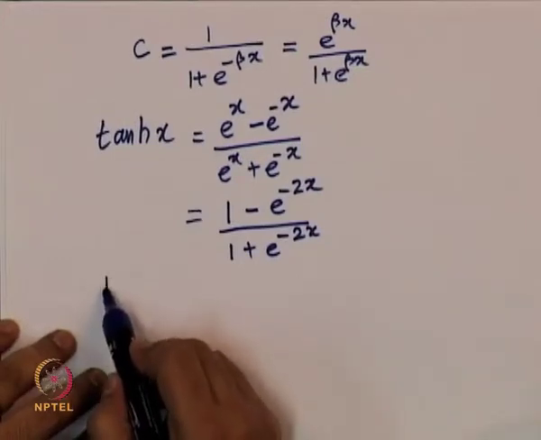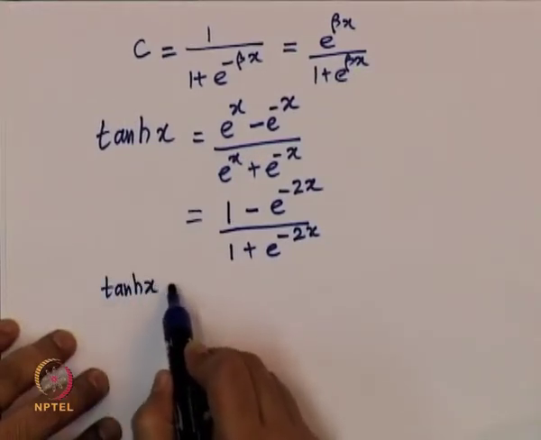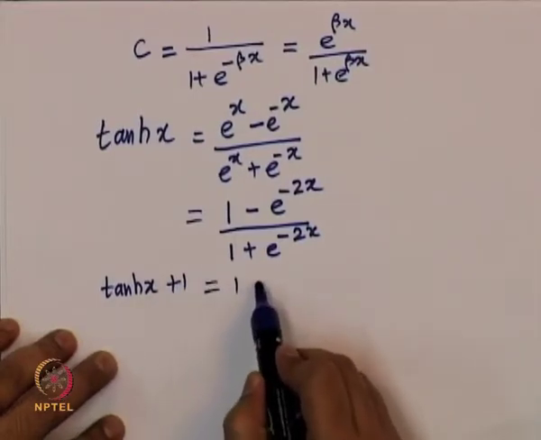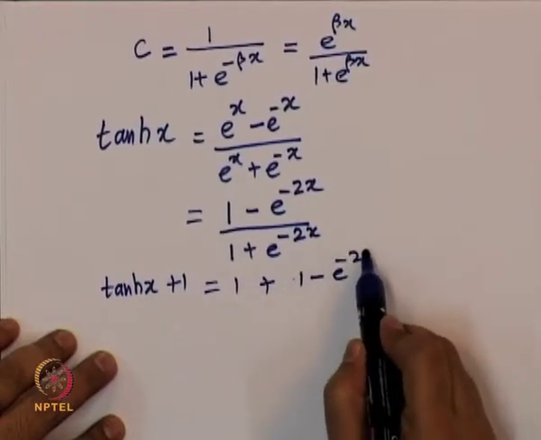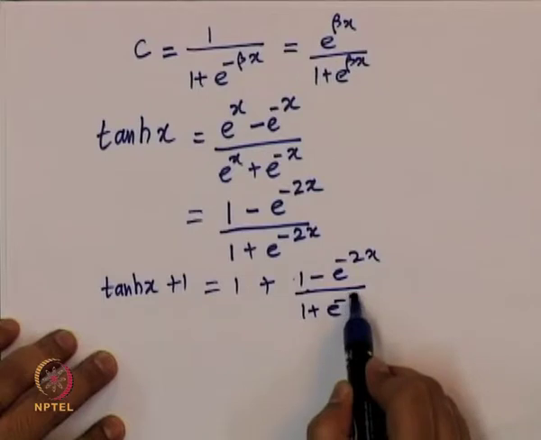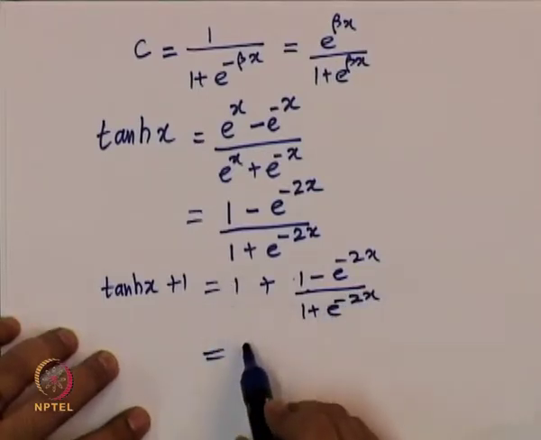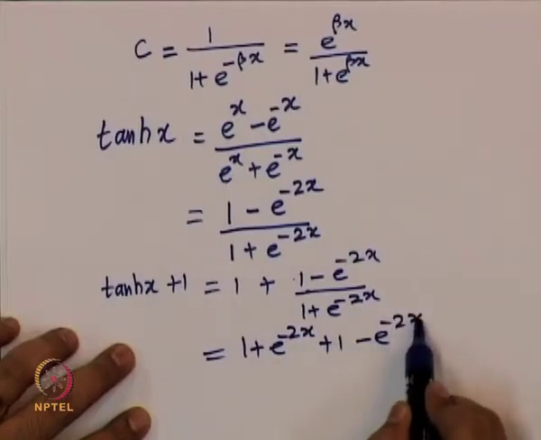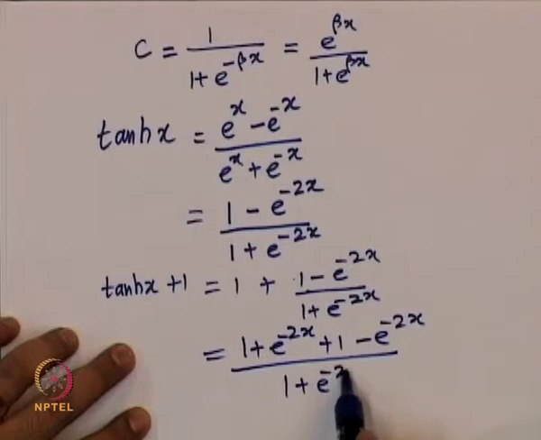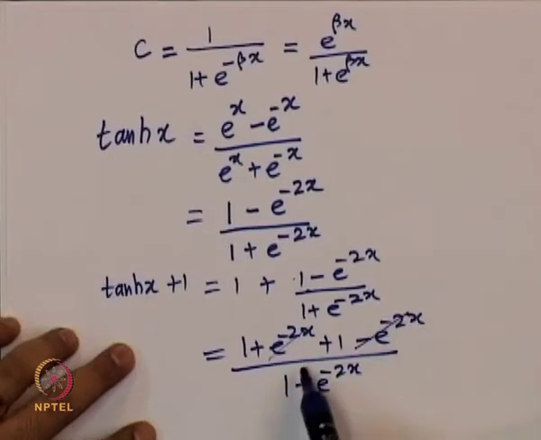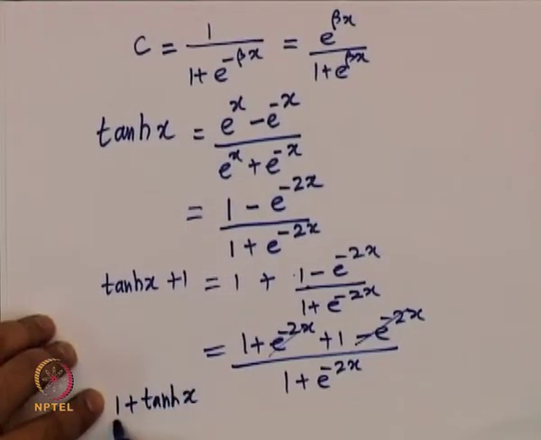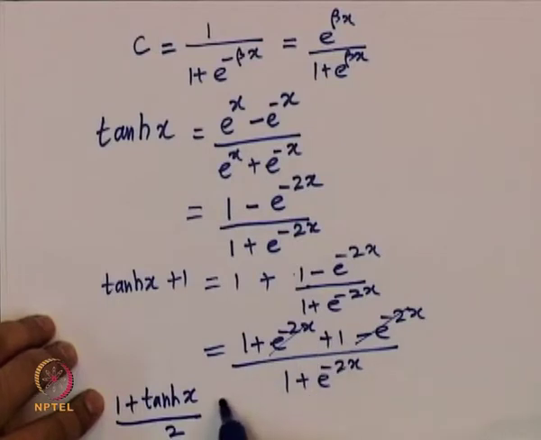Now, let us take tan hyperbolic x plus 1, which is equal to 1 plus 1 minus e power minus 2 x by 1 plus e power minus 2 x, that is equal to 1 plus e power minus 2 x plus 1 minus e power minus 2 x by 1 plus e power minus 2 x. This and this will go away. So, 1 plus tan hyperbolic x by 2 is nothing but 1 by 1 plus e power minus 2 x.